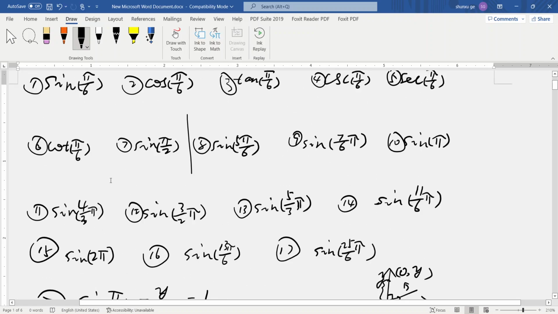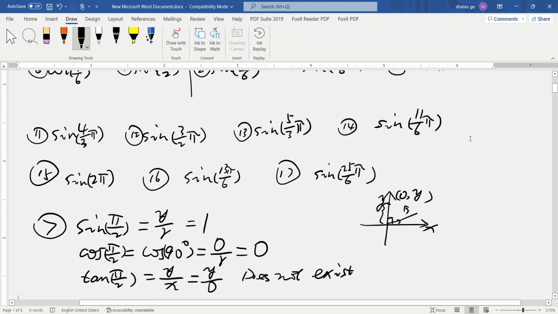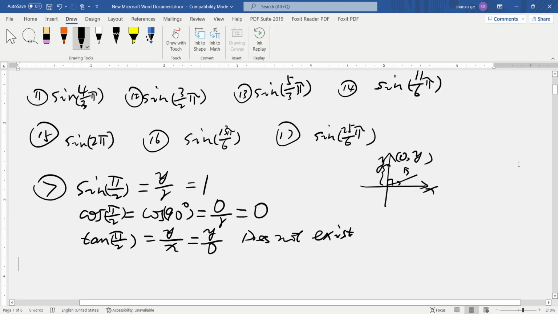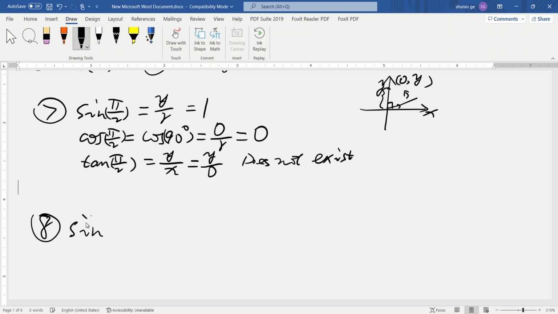Okay, we find the next question. Question 8, sine of 5 pi over 6. We find this question before to draw them.